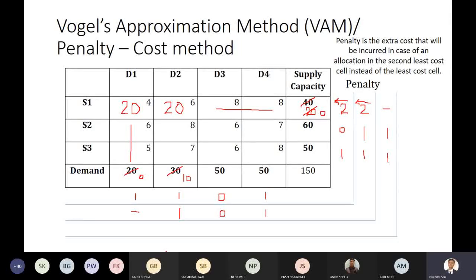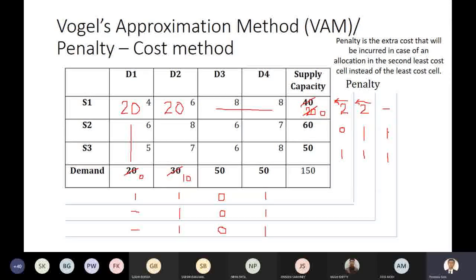Now if we go column wise, here it would be dash. But what about this one? 8 and 7, it is 1. 6 and 6, so 0. 8 and 7, 1. Now we have got 1, 1, 1, and 1, so at 4 places we have got 1.